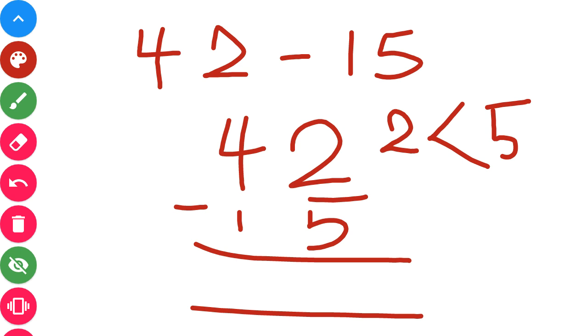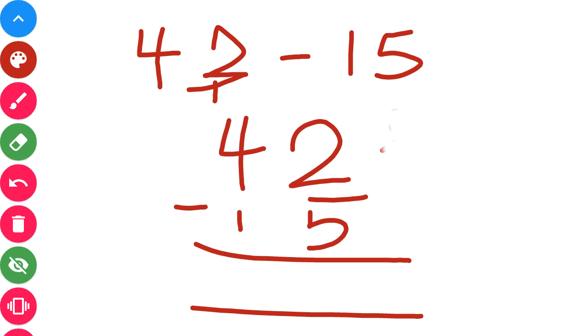So here our poor 2 will also borrow some numbers from the number given at the tens place. So which number do we have at the tens place? We have 4 at the tens place.